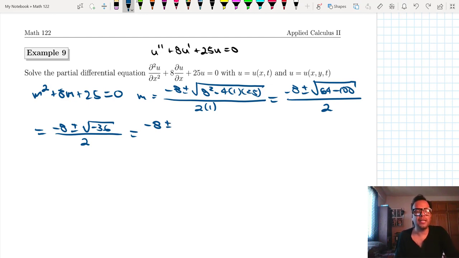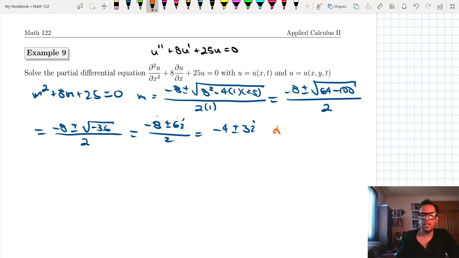The square root of negative 36 is actually 6i. We divide by 2, so notice 8 and 6 are both divisible by 2, so negative 4 plus or minus 3i. Okay, in this case, alpha equals negative 4 and beta equals 3.